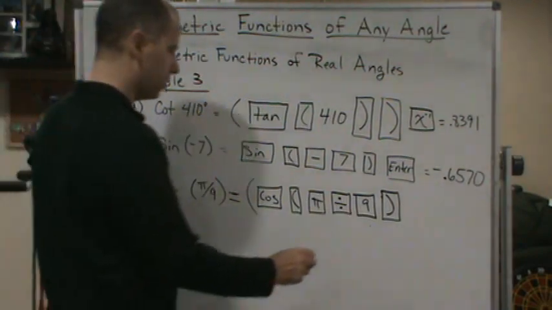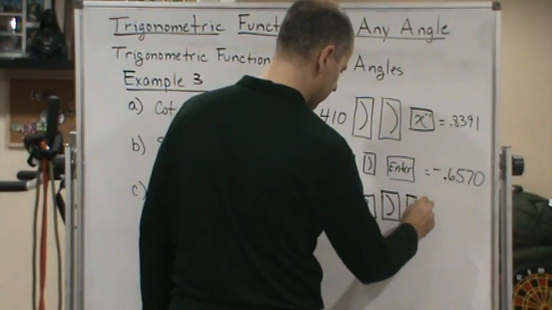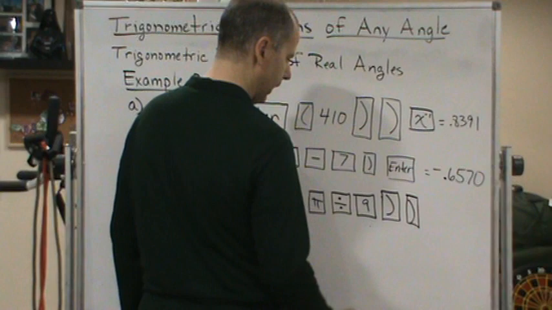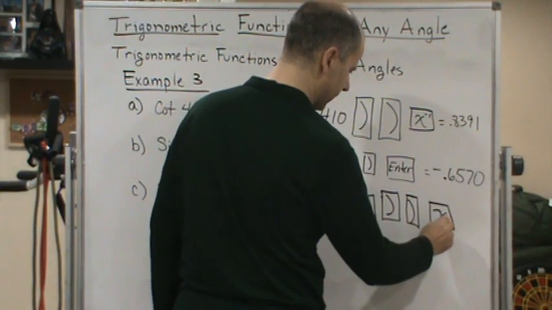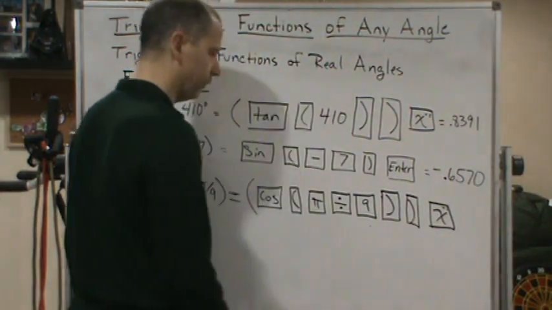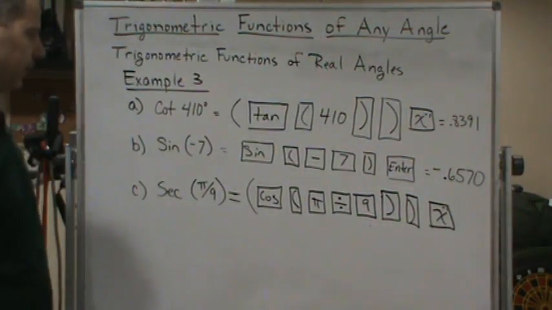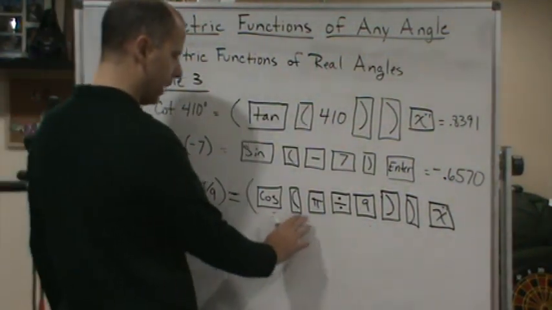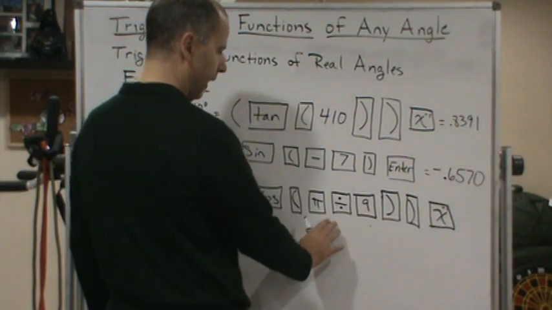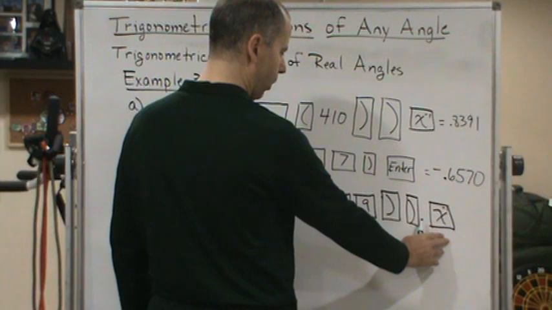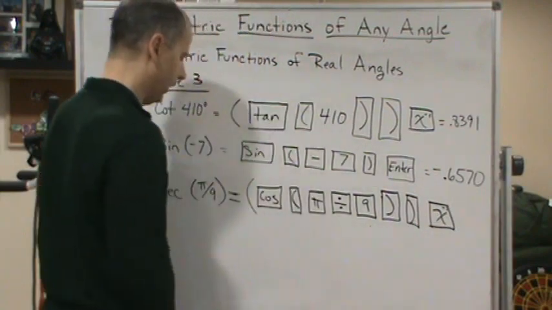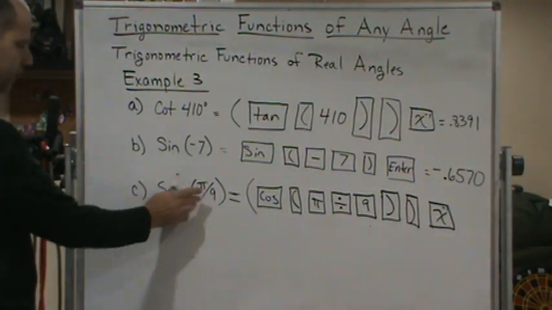Then we're going to have another end parenthesis, and finally the inverse key, x to the negative 1, to flip it. So we're finding the cosine of pi over 9, and then flipping it by using the 1 over x key, or the x to the negative 1 key. That will give us secant of pi over 9.